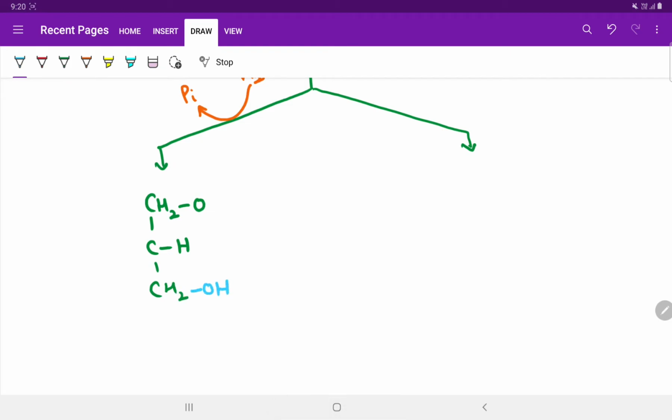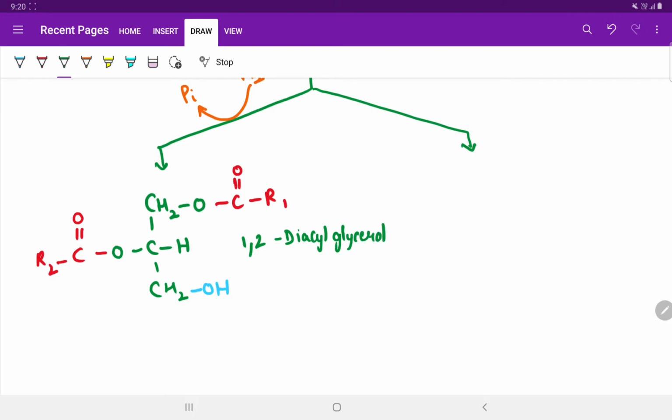Here you can see one OH group is attached and the two different acyl groups are attached. So this is the structure of 1,2-diacylglycerol. Whereas the second molecule is formed in the presence of one CTP molecule, cytosine triphosphate.